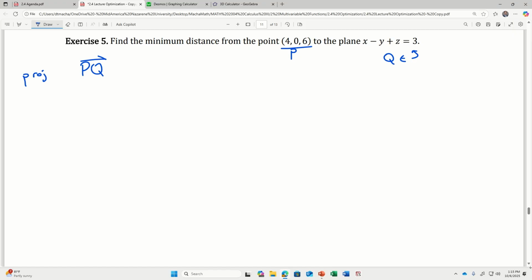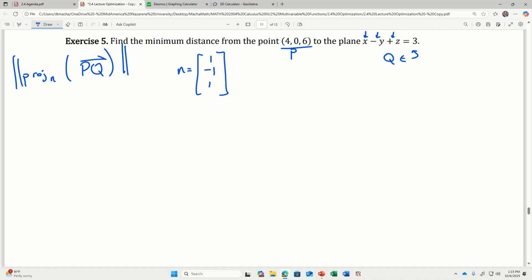And then you take the projection of PQ onto the normal vector, where the normal vector this time would be (1, -1, 1), because you look at the coefficients in your plane equation to get your normal vector. And then once you've projected the PQ vector onto the normal vector, then you can take the norm.